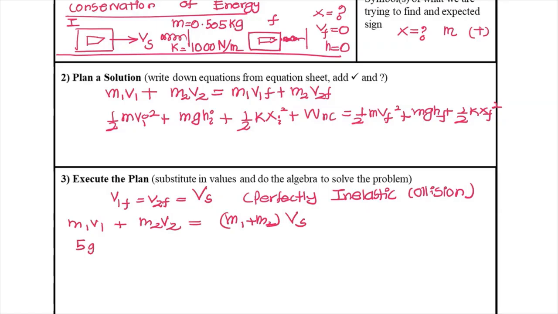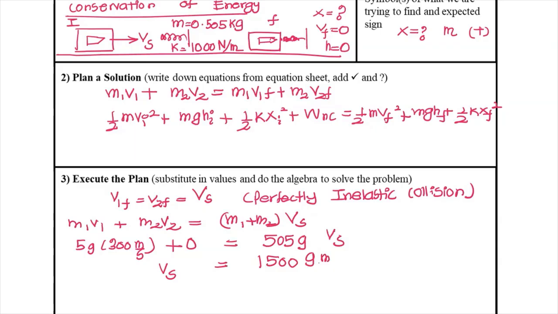We know the velocity of the bullet is 300, the velocity of the stationary object is just 0, and then 505 grams times the speed. So you can solve for the velocity of the system after the collision. That would be equal to 2.97 meters per second.